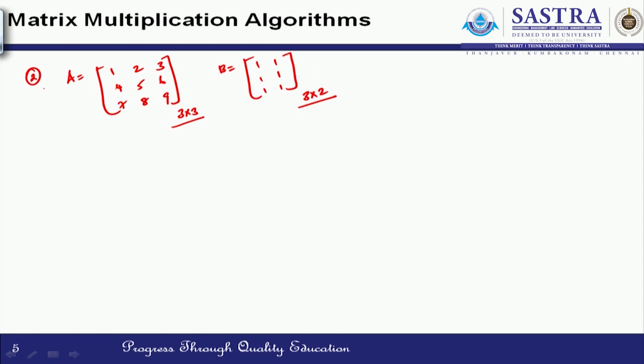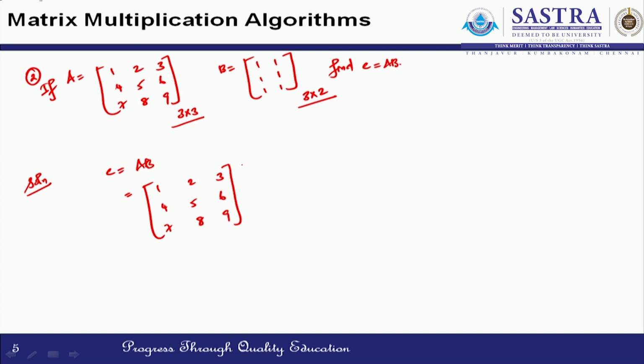Now we can find C equals A into B. Matrix A is 1, 2, 3, 4, 5, 6, 7, 8, 9. Matrix B is all 1s.